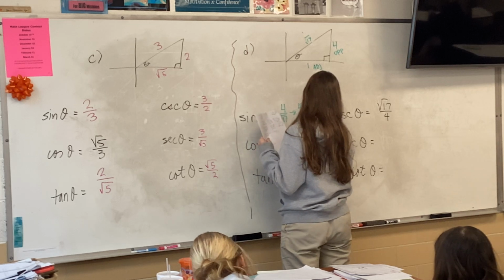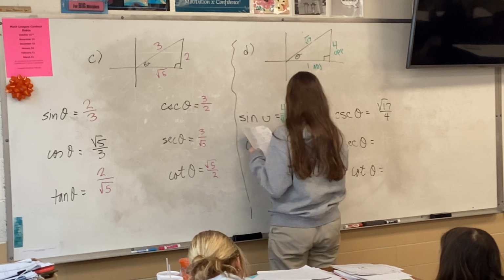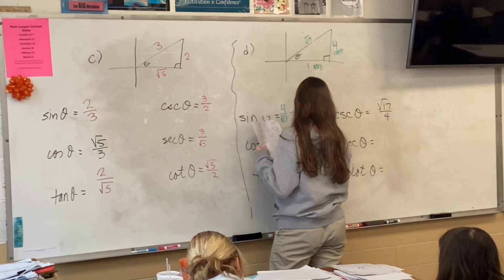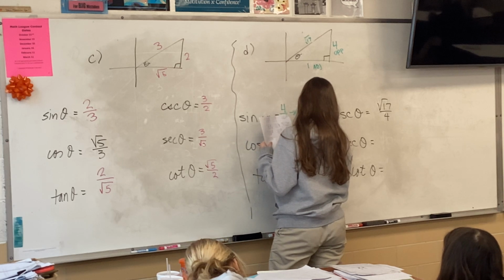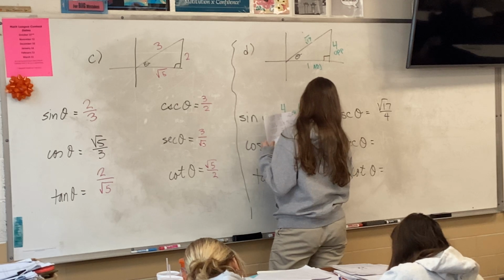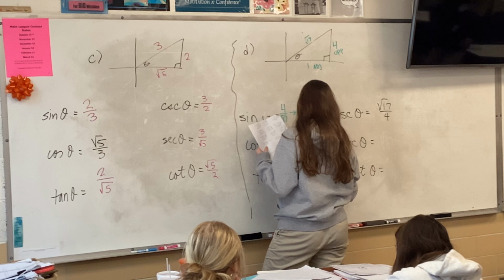When you did your Pythagorean theorem for problem C, did you get the square root of 4? Oh, I'm sorry. I hope you wrote that as 2. Right? So, like right here.